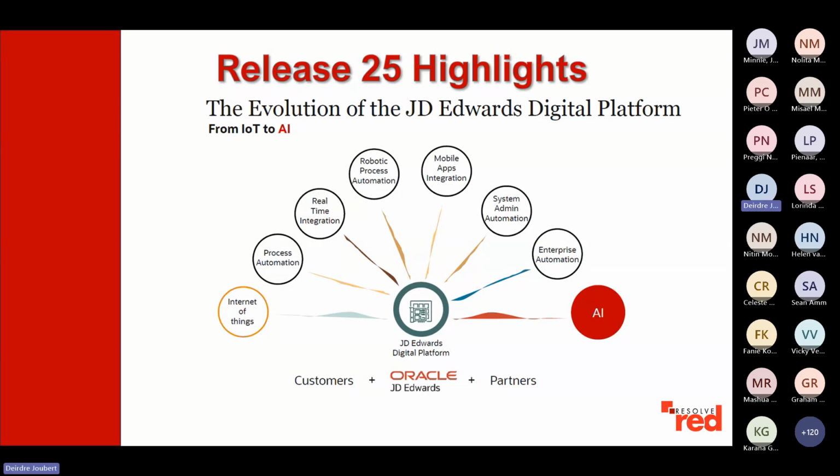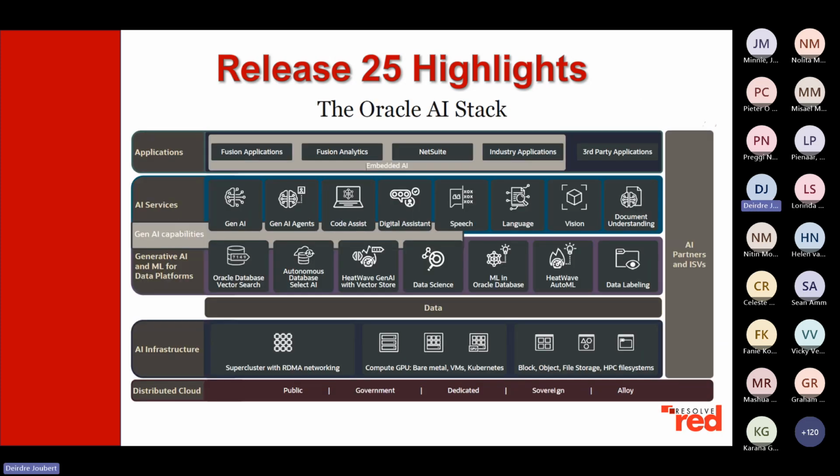Nine years ago, Oracle started with Internet of Things, which was our orchestrator, and then we went into process automation and all of those various applications. And now the next big thing is AI. Oracle has in their stack, as you can imagine, multiple AI services that they developed and that can be used for JD Edwards.